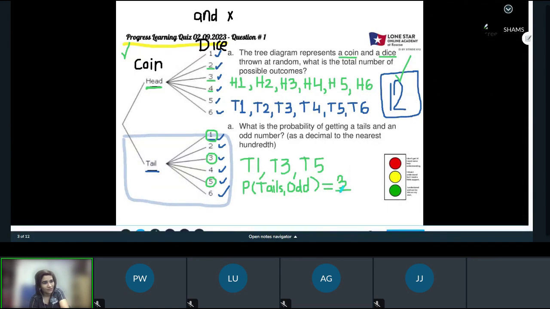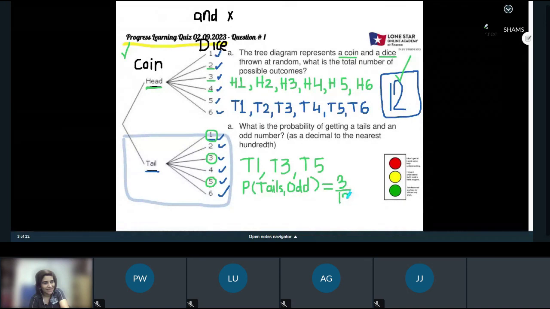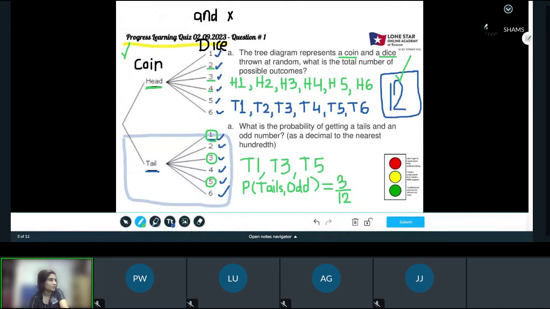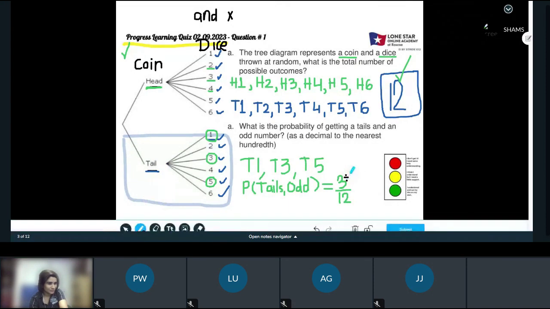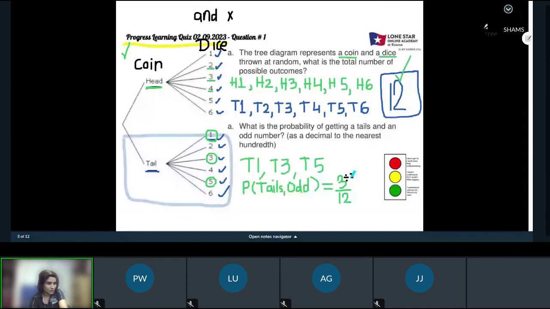I'm going to pause here. This is a very brand new topic that we have learned. Are there any questions? Does it make sense to you? Does it make sense that it's 3 twelfths? If I reduce 3 twelfths by 3, that's possible, and I get 1/4.